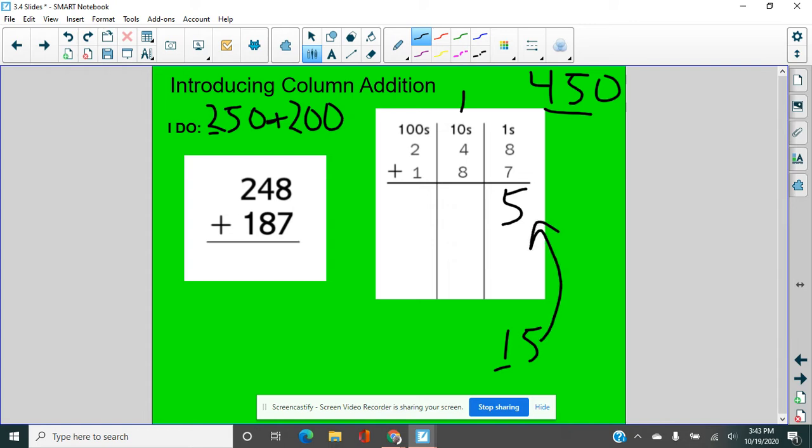So we took this and put it here, and since this was a group of 10, we added it to the tens place. So now we have groups of 10.